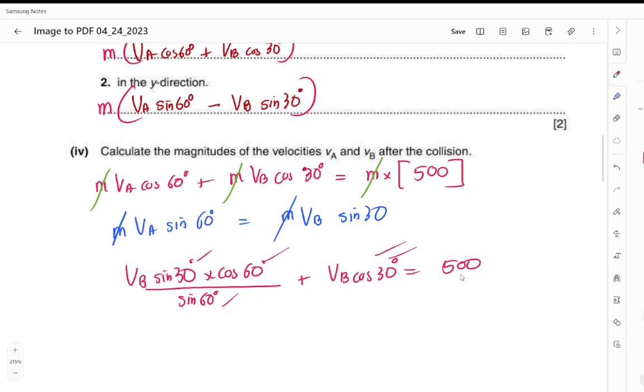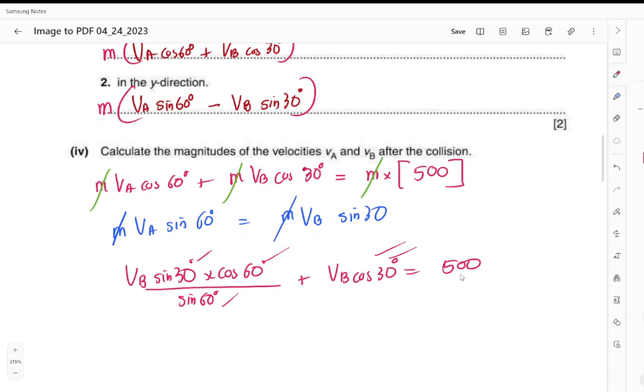Okay. So let's just do the calculation. So sin 30 multiplied by sin 60 divided by, okay, it was cos 60, sorry, cos 60 divided by sin 60, bracket closed, plus cos 30.